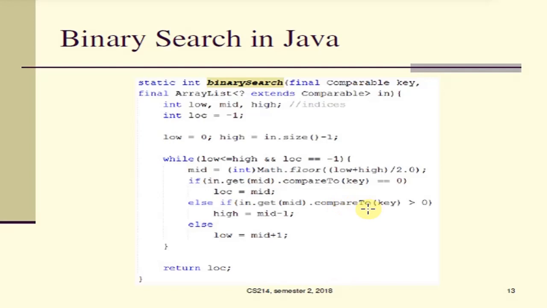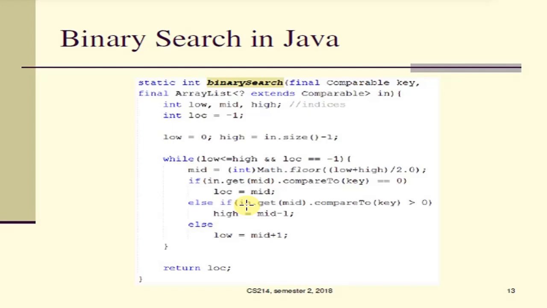The compareTo method compares the numbers, and if it is less, then it will return a +1, right? So here we say, okay, this is true, and so we set our high to mid -1, meaning we have moved our high all the way from the maximum high that we had in the array down to the first half, to the mid -1.